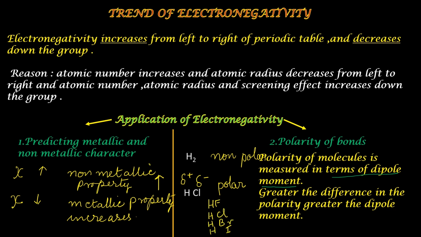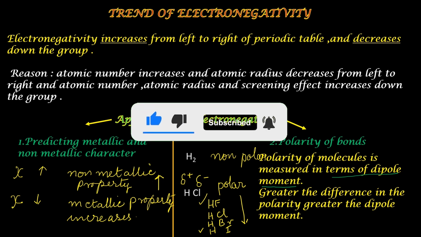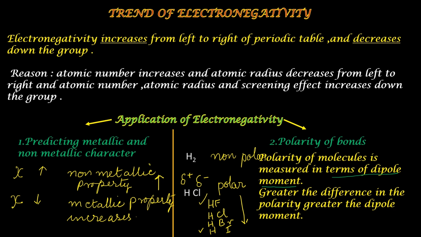The polarity of hydrogen halides decreases from hydrogen fluoride to hydrogen iodide. If the electronegativity difference between the bonded atoms is less than 1.9, it is predominantly considered as covalent. And if it is greater than 1.9, it is predominantly ionic. So, ionic compounds have greater dipole moment than covalent compounds.